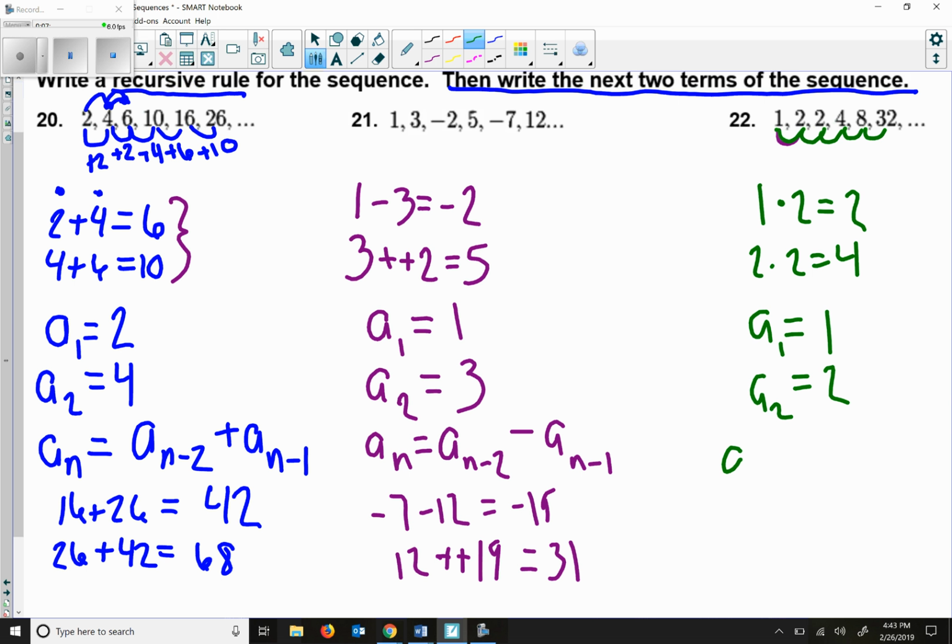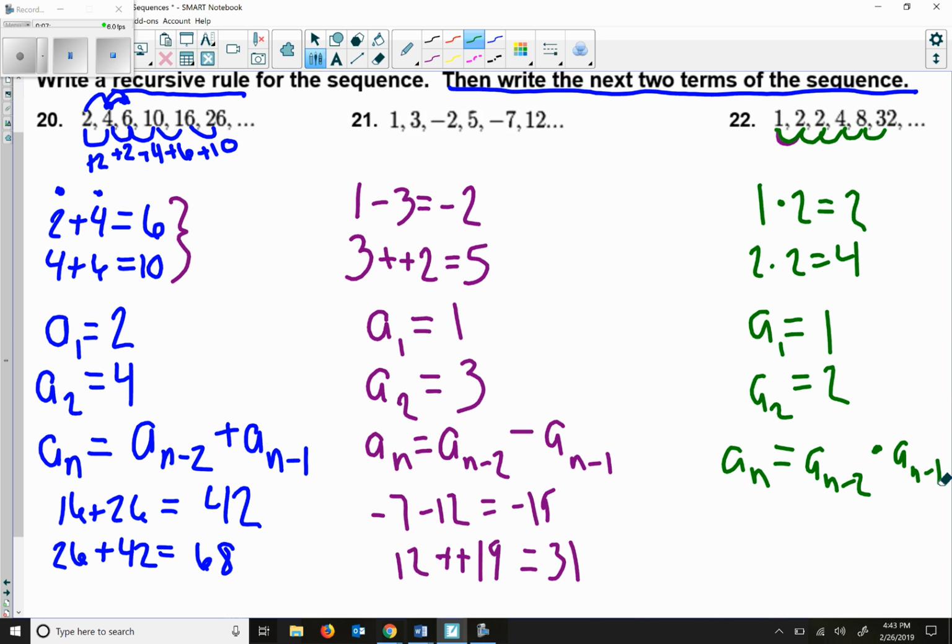So then you're taking a sub n equals a sub n minus 2 times a sub n minus 1.